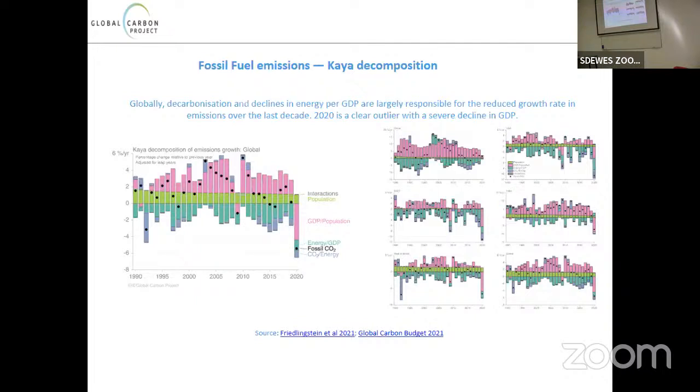So you can see times that increase CO2 emissions, times that decrease. So it's not clear the role of CO2 intensity. And CO2 intensity is due to the energy mix that we want to solve with renewable energies. But historically, this role has not been so clear.